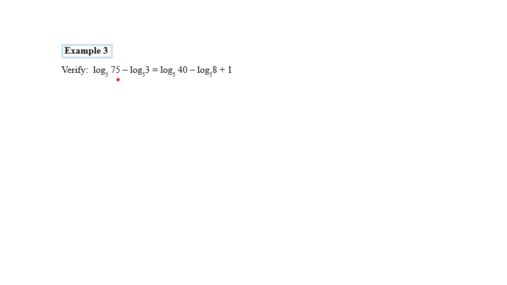Example 3. Verify log base 5 of 75 minus log base 5 of 3 equals log base 5 of 40 minus log base 5 of 8 plus 1. Here you have to prove the left hand side is equal to the right hand side. Let's see.